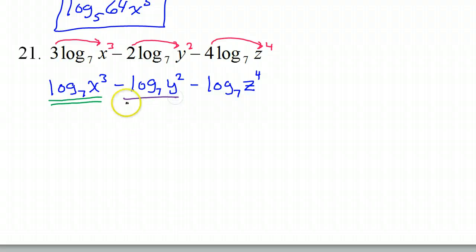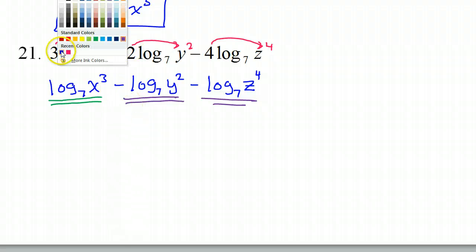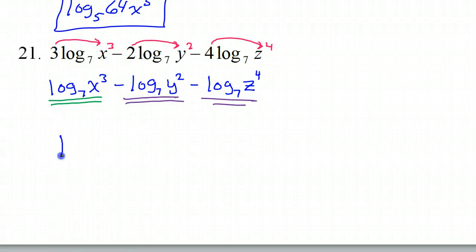So these terms right here, I'm going to have one term in the numerator and then 2 in the denominator. And of course we're condensing, so we're only going to have the word log once, log base 7.